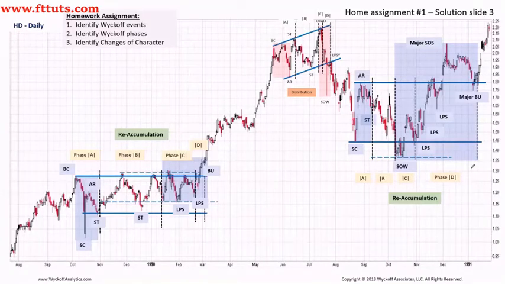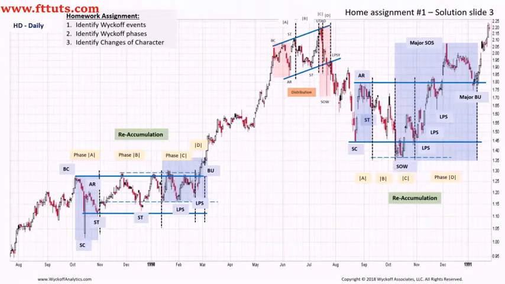Yes. Okay, my question is why sign of weakness instead of spring in the phase of this accumulation? Yeah, this is a mistake right here. Okay, so if we're talking about phase C, this should be a spring. Oh, I know what happened.